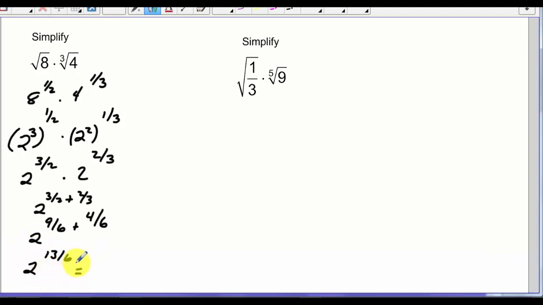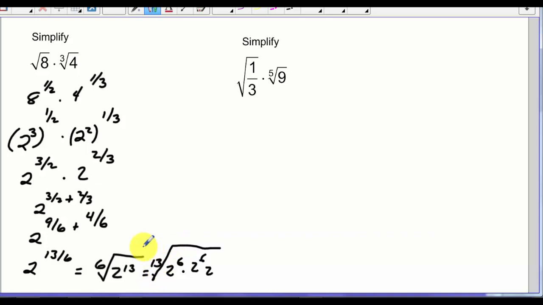They'll want us to put this in simplest radical form. So we have the 6th root of 2 to the 13th, which we know isn't simplified because any 2 to the 6th power I get to pull out. So this is 2 to the 6th times 2 to the 6th times 2, and that's all under the 6th root.